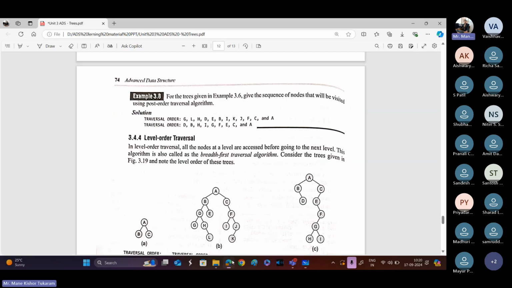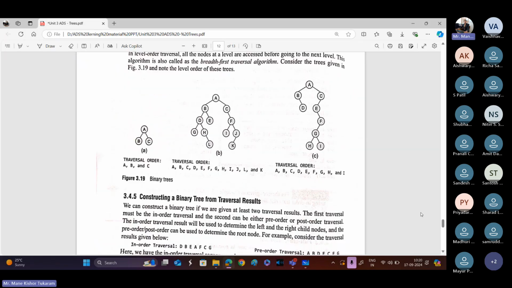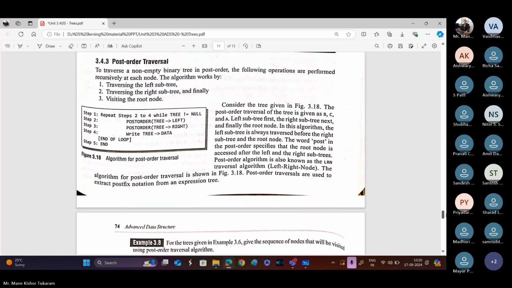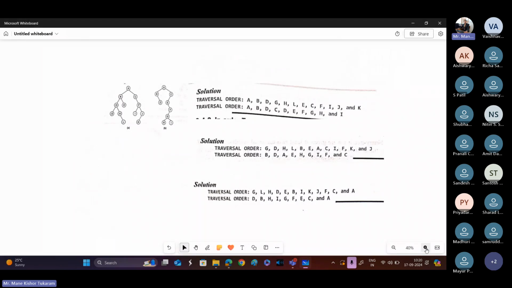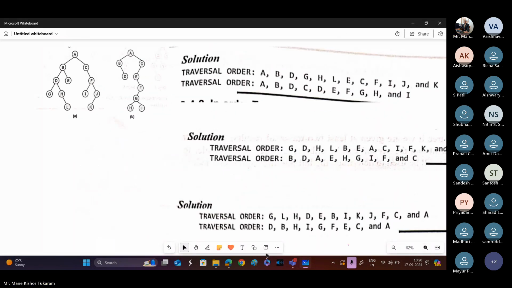And one more is there, that is level traversing. Okay, so let's see the example.